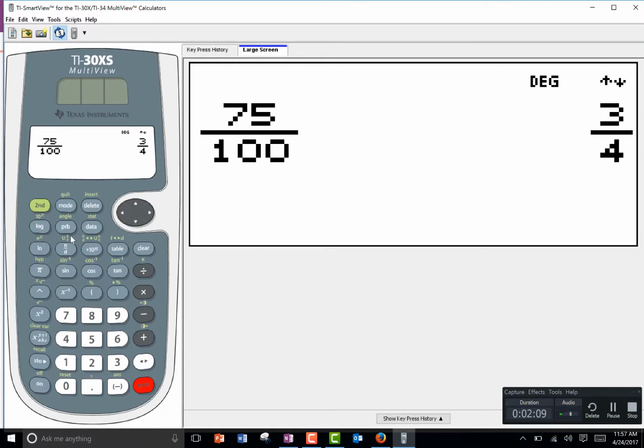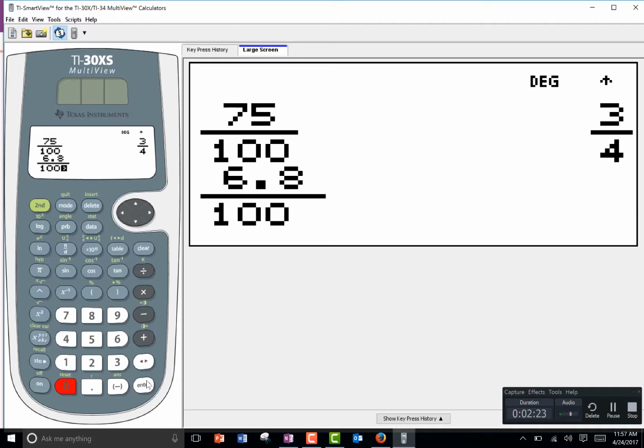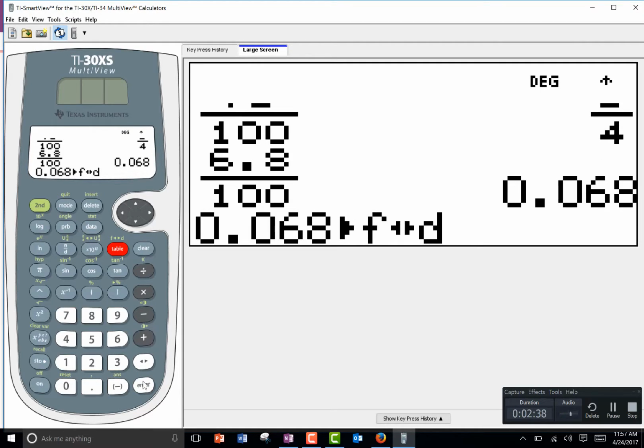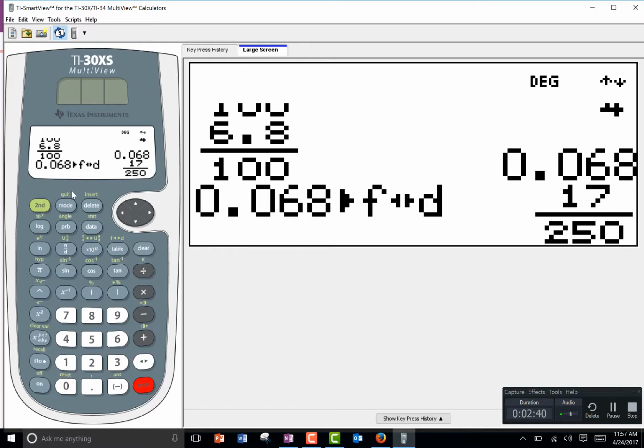So if I put in my fraction my 6.8 on the top, and I put my 100 in the bottom, and I hit enter, it's going to reduce it for me, and it's going to change it to a decimal first. And then what you're going to want to do is this key here that says FD on it on your calculator, you're going to want to hit that key so that it will change it to the simplified fraction, which is 17 over 250.